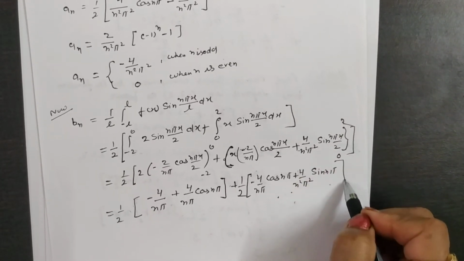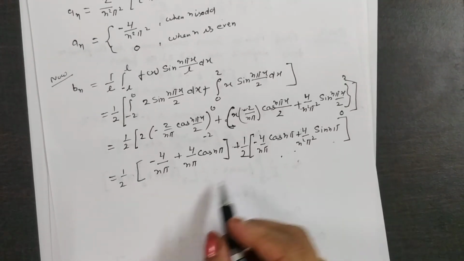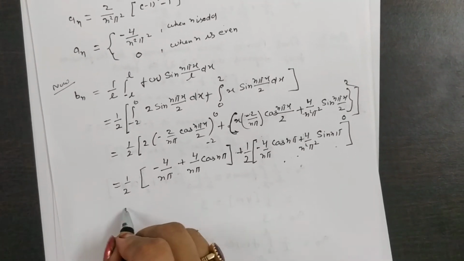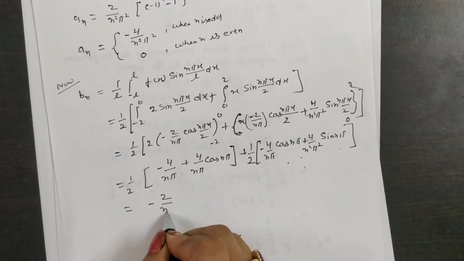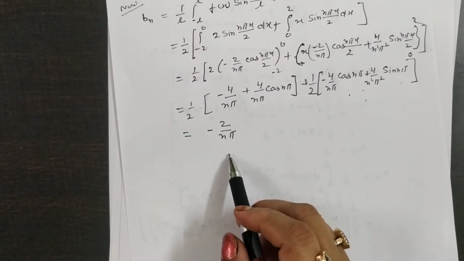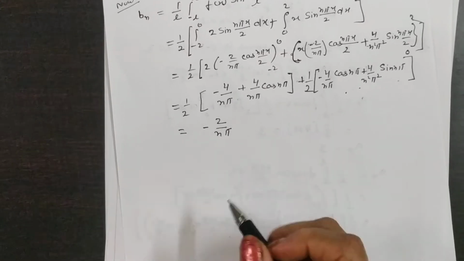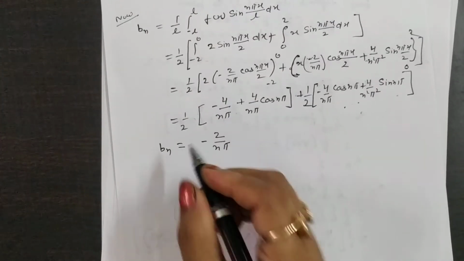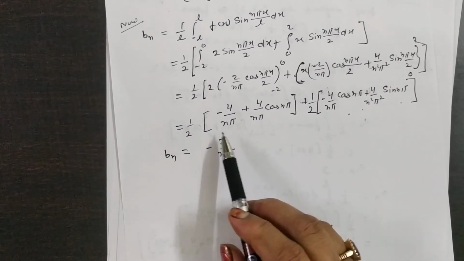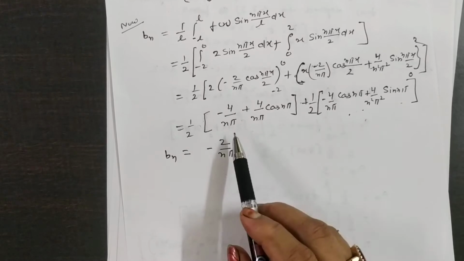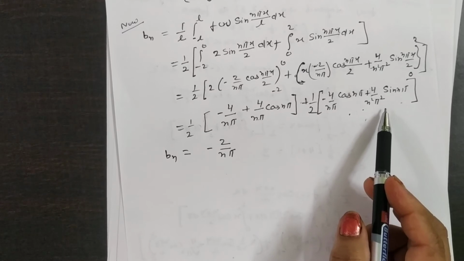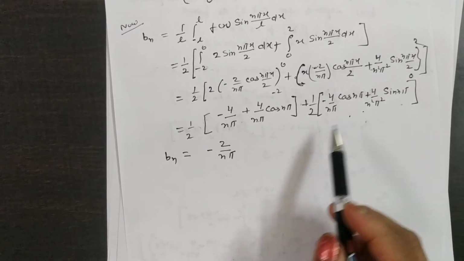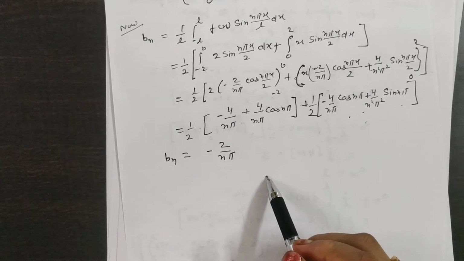Now solving this, you get the value minus 2 by n pi. This is bn. Solving it, minus 4 by n pi and this one is plus, so these cancel out, and sine of n pi is 0, so you get the value.